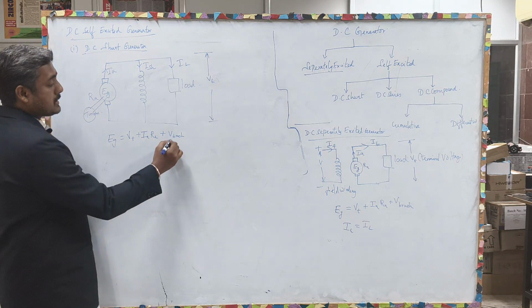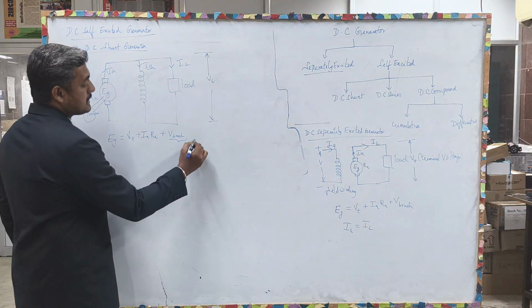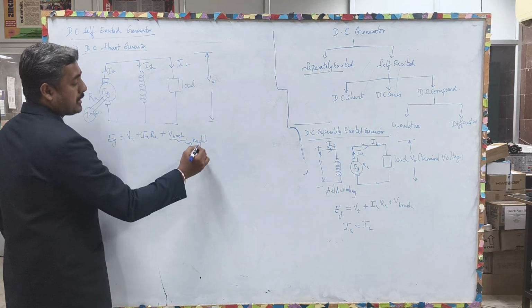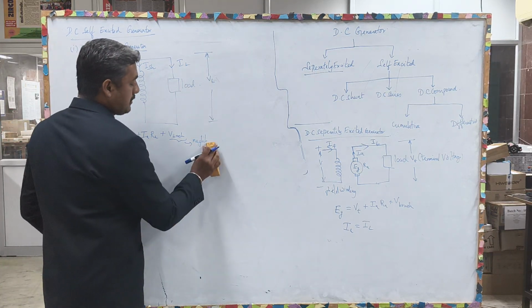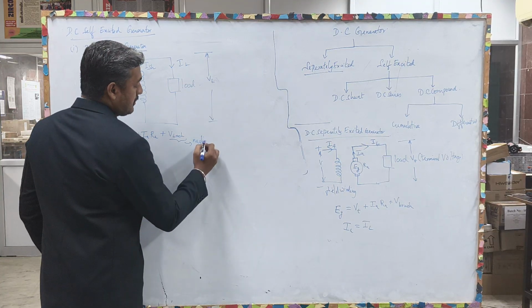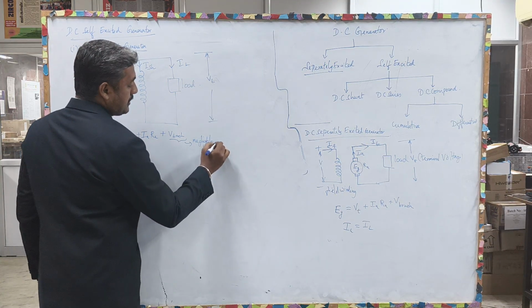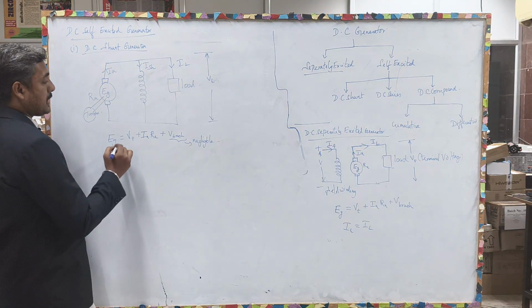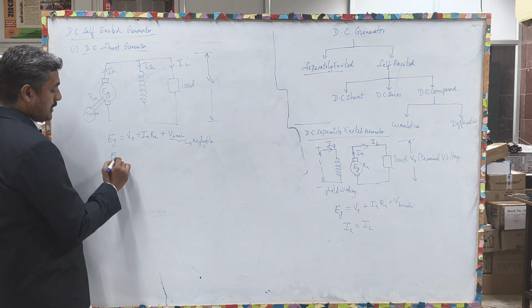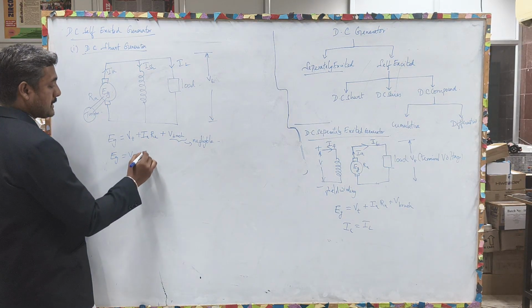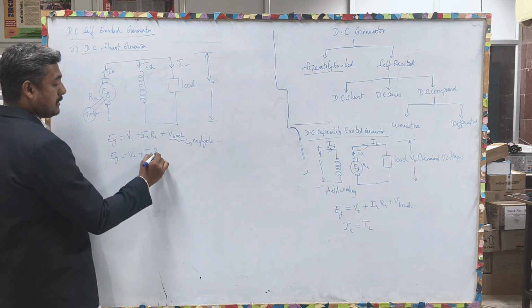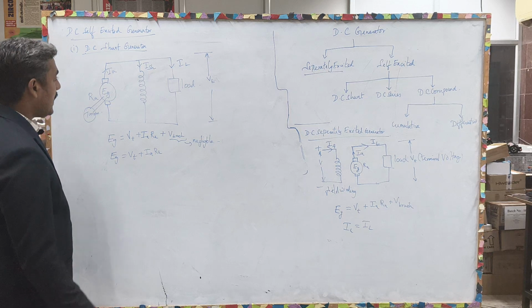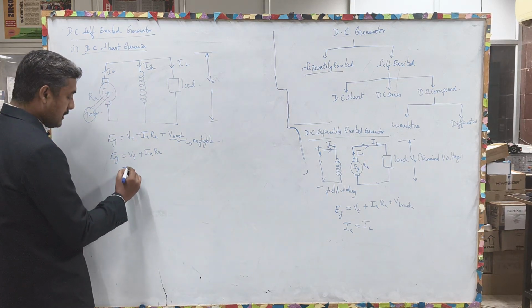Okay. This V brush is sometimes negligible. Now you can remove it, that is EG equal to VT plus IA into RA. Okay. Now what is this IA?